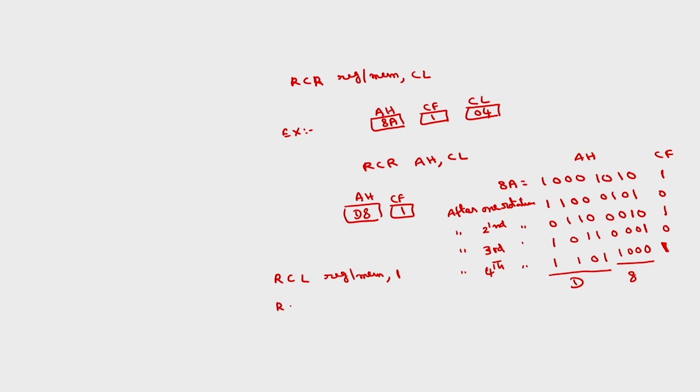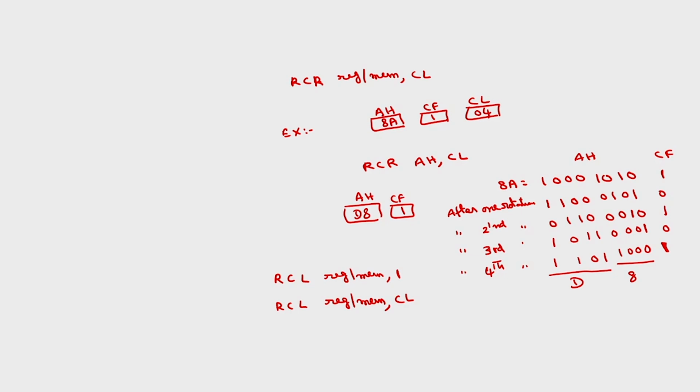And we can have RCL, register/memory, comma CL, if we want to rotate through carry the contents of register or memory to the left by CL number of times. So there are about 4 rotate instructions through carry. 2 instructions will be for single bit rotation and the other 2 instructions will be for multiple bit rotations, but all the 4 instructions will be through carry.